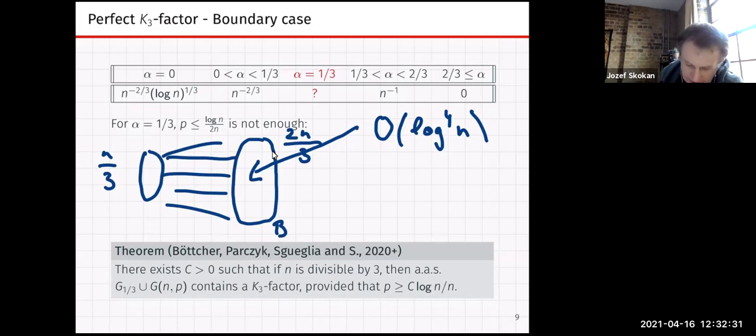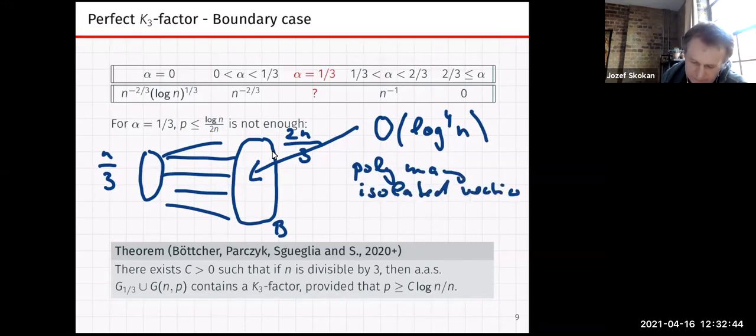On the other hand, you have polynomially many isolated vertices. So you have a quite non-trivial set of vertices in that set B, which don't see any random edge. But what does it mean when we want to cover this graph by triangles?